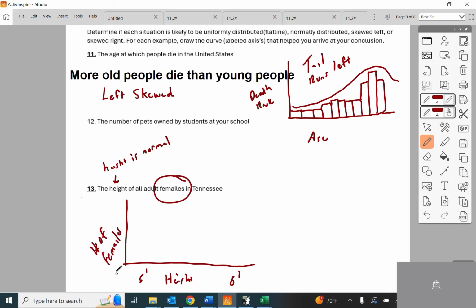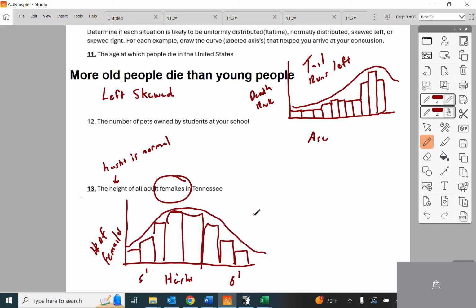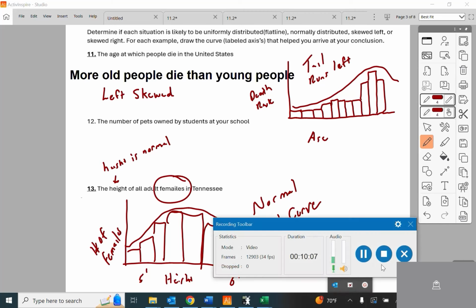We would expect to see about the same number of 5-footers as 6-footers, and it would kind of be somewhat proportional as things go on. And we get a nice, smooth, normal bell curve. And that was my bell for tutoring. So I am off to tutoring. Got a little done. I'll do the rest in the morning.